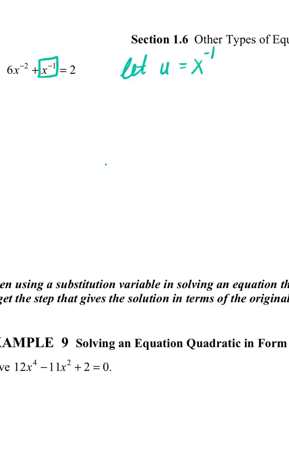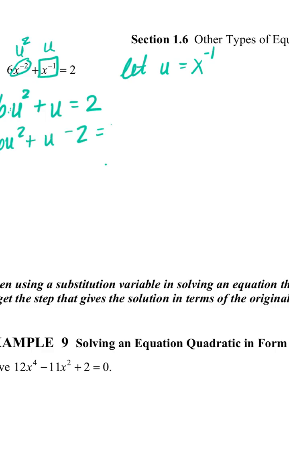Because if I multiply this by 2, this is going to be 6u squared plus u equals 2. So this whole thing became a u, and this thing is a u squared. So now we got 6u squared plus u minus 2 equals 0.